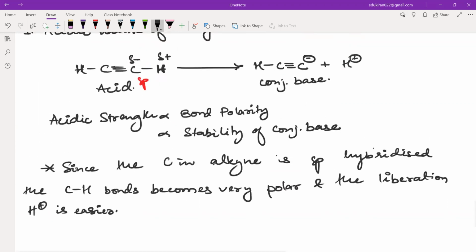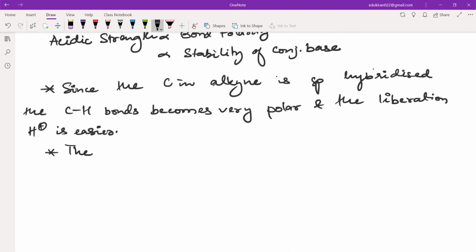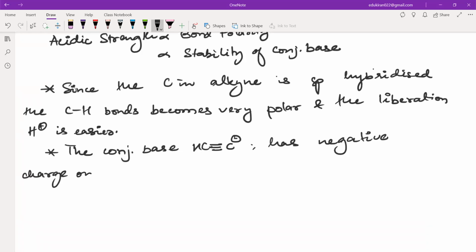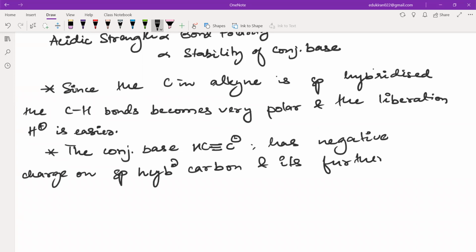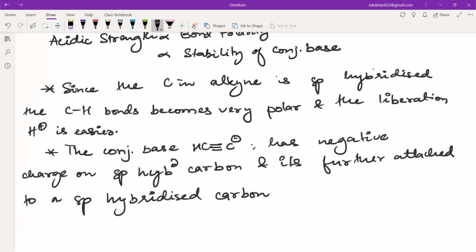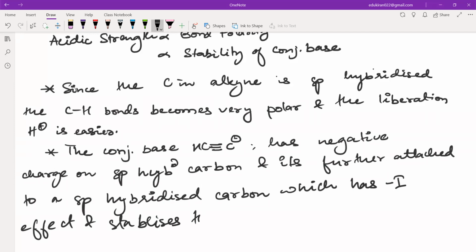Next is the stability of the conjugate base. The conjugate base, CH triple bond C negative, has a negative charge on an sp hybridized carbon, and it is further attached to an sp hybridized carbon, which has a minus I effect and stabilizes the negative charge.